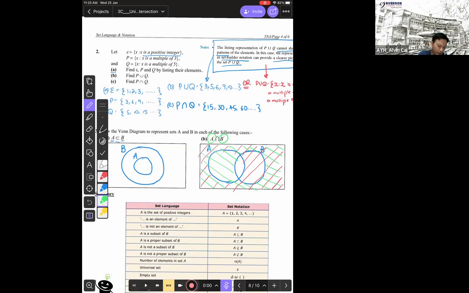Now, because we want to find the intersect, remember we want to find things in common. To find things in common, we need to find those that intersect and crisscross one another. So the final answer for this particular question would be the portion that have crossed one another. If you didn't see very clearly, these are the areas that crisscross.